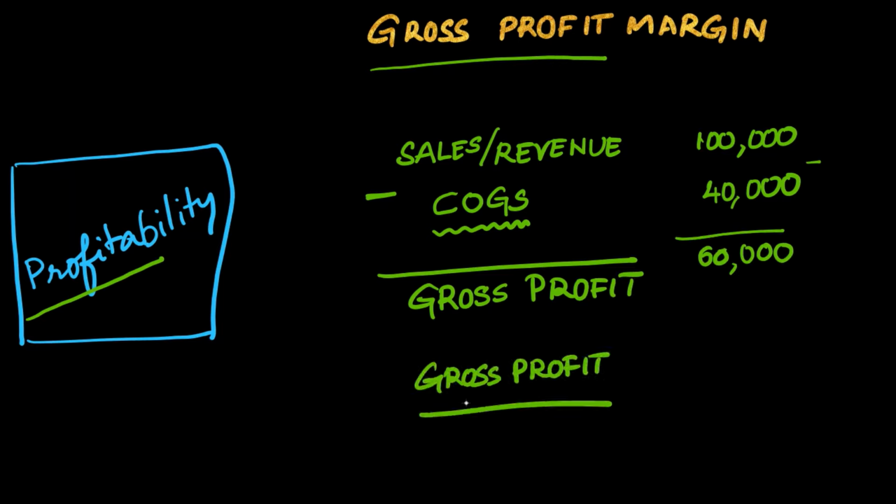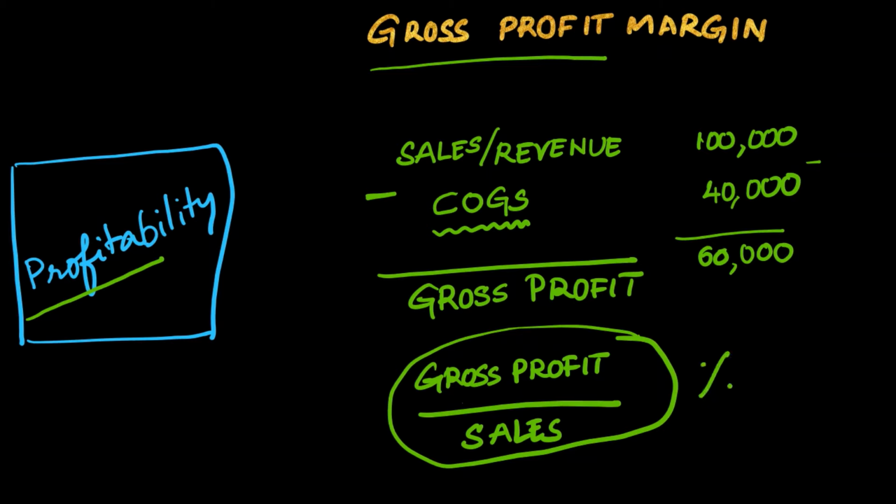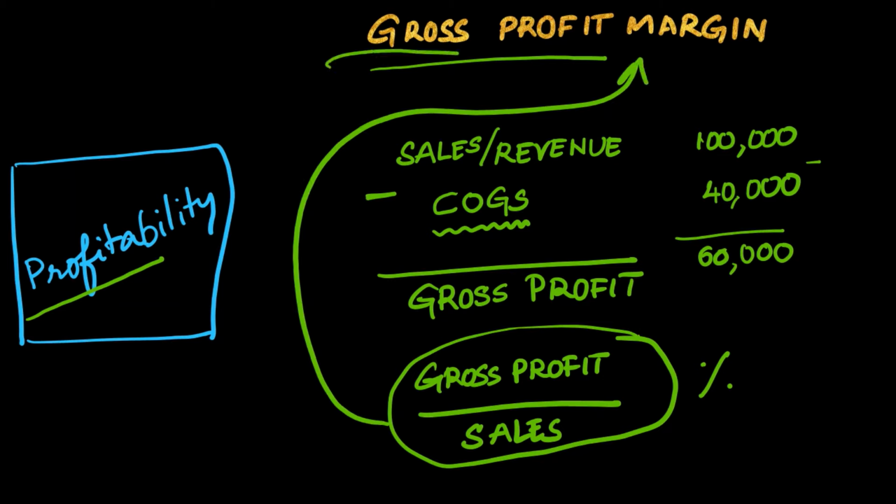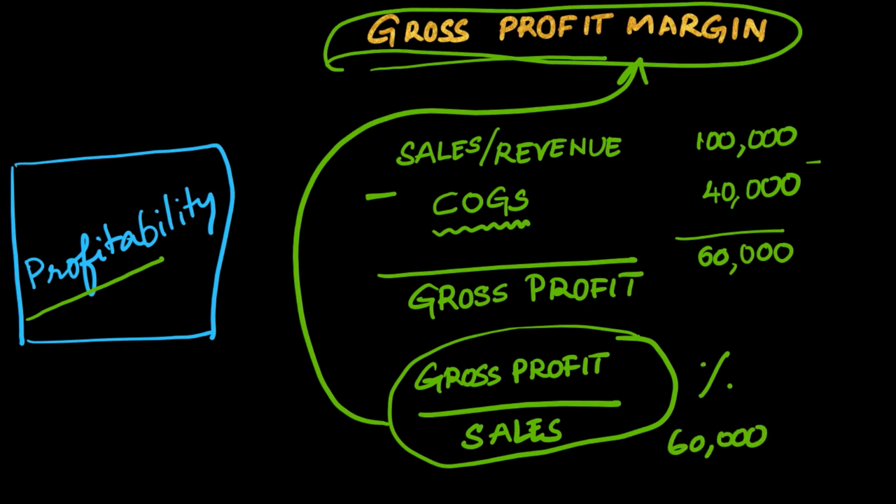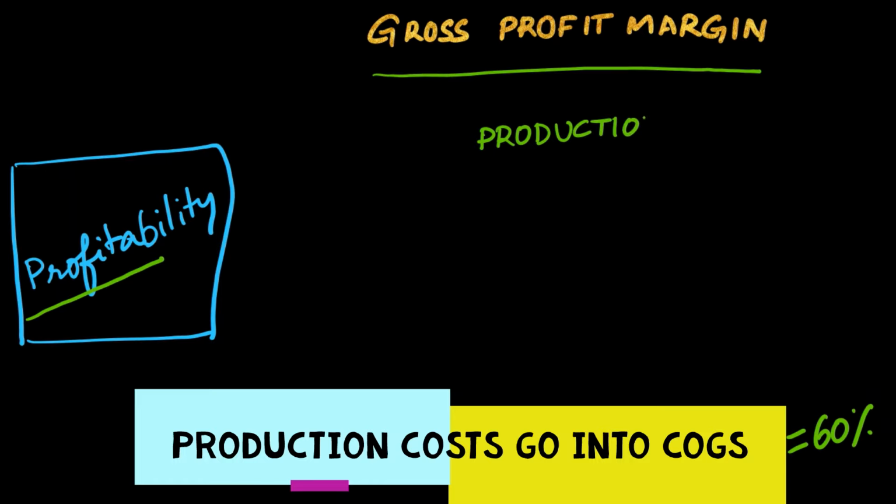The ratio of gross profit to the net sales amount, expressed as a percentage, is the gross profit margin. Gross profit margin tells us how efficient the company is in managing its production costs, because production costs are what go into COGS.